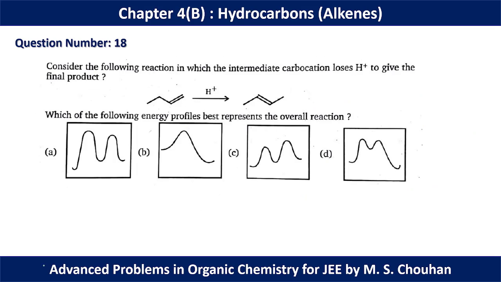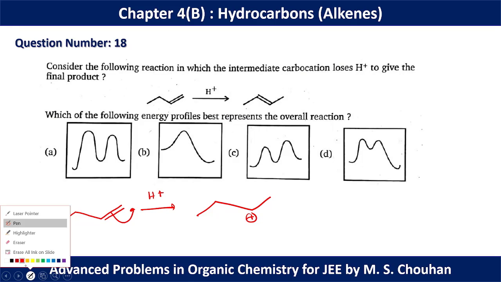In question number 18, we have a molecule after addition of H plus. We have a second situation, so we can start this pi bond dissociation like this, and this kind of situation is formed, and the H plus will be accepted by the negative charge.